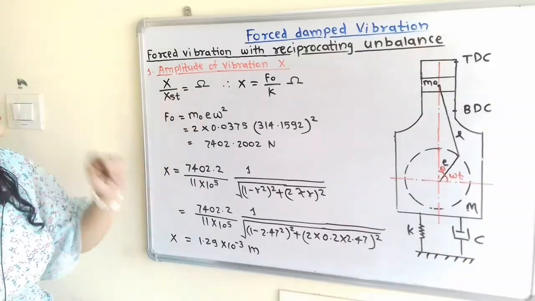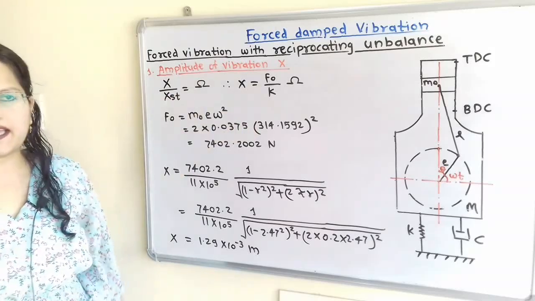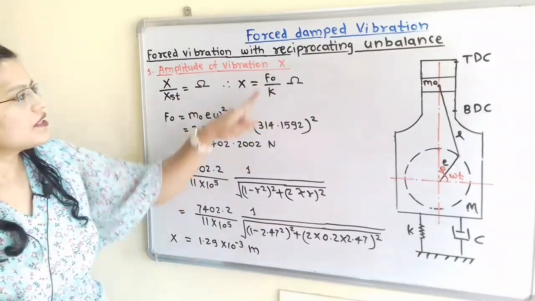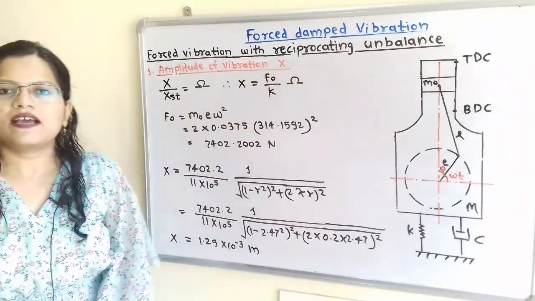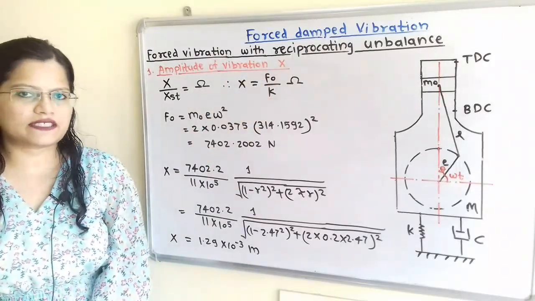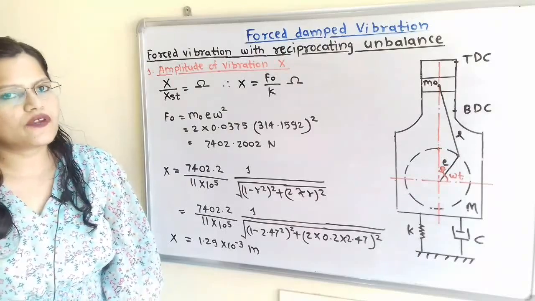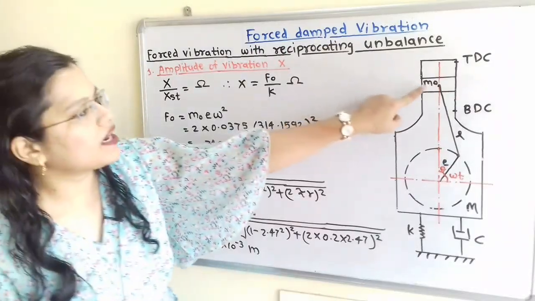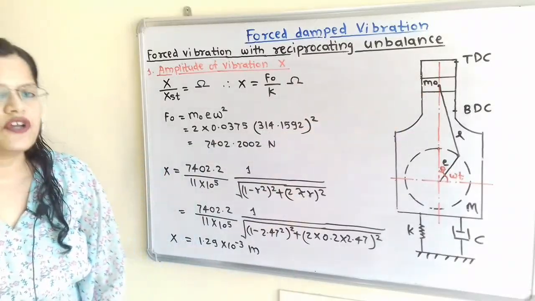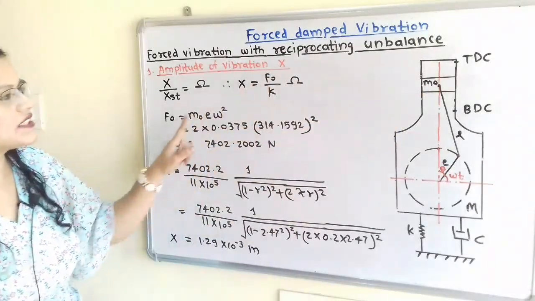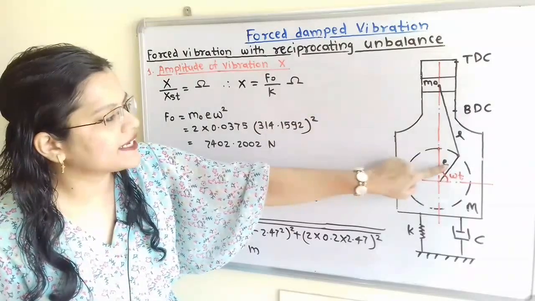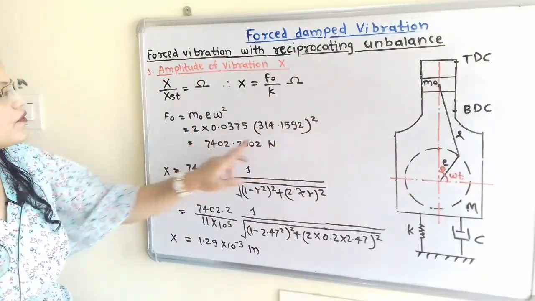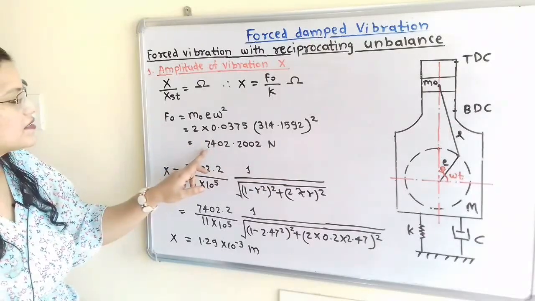This X static we can write as F0 by K. So X is equal to F0 by K into the magnification factor. Now how to write the force due to harmonic excitation, that is F0? We know this harmonic force is created due to the unbalanced mass M0. So F0 is equal to M0 E omega square. We will put the values.